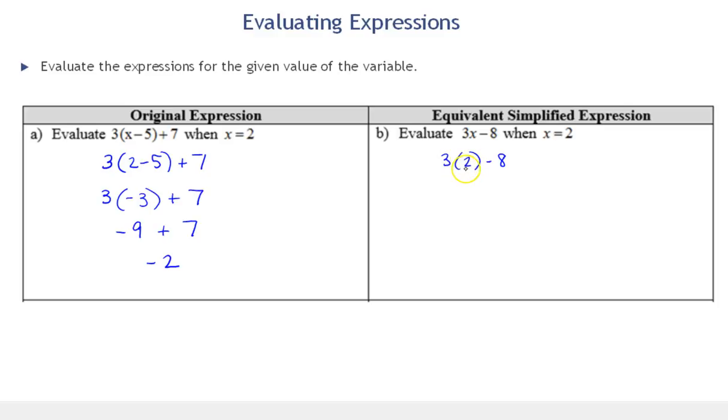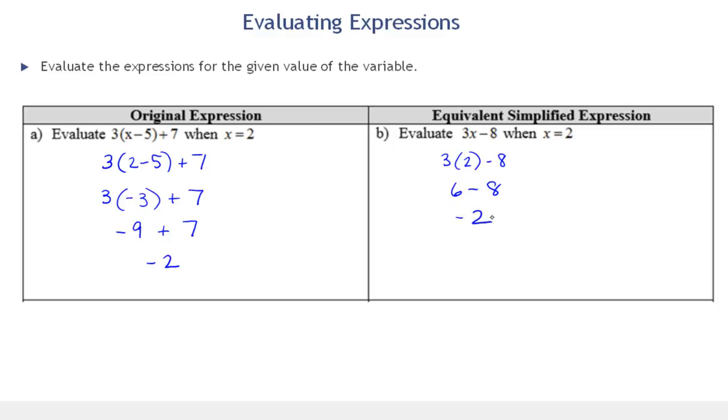Sometimes it won't be necessary, but notice here, by putting it in parentheses, we're showing the juxtaposition of 3 and 2, which implies multiplication. You could also write 3 times 2 here, but it's good practice, when you replace a value, to put it in parentheses. We have multiplication and subtraction, so we do multiplication first, and 6 minus 8 is in fact negative 2.